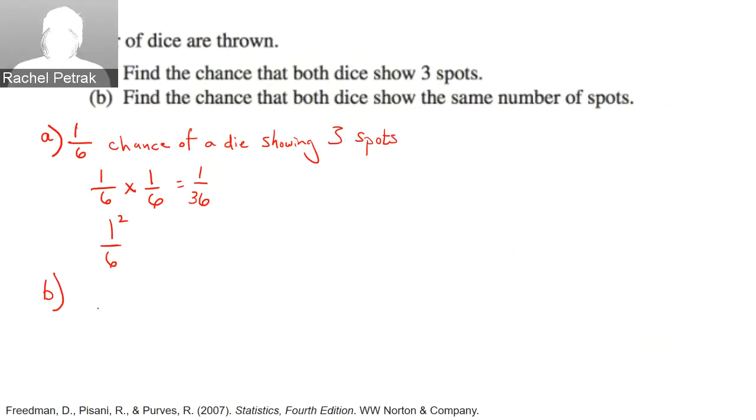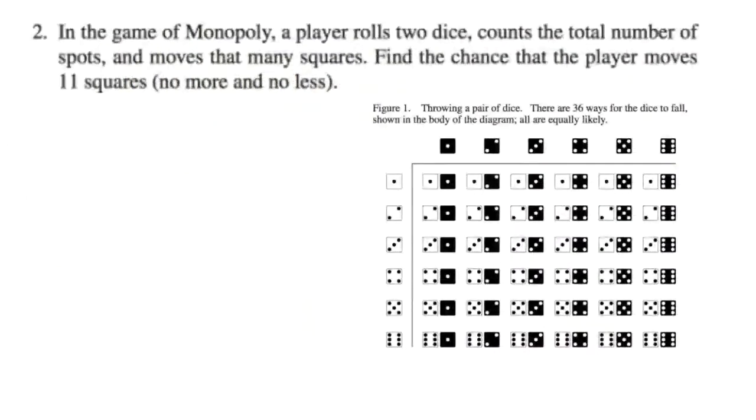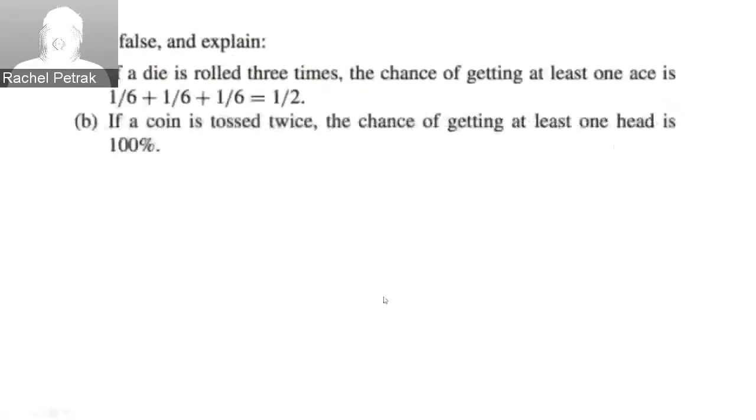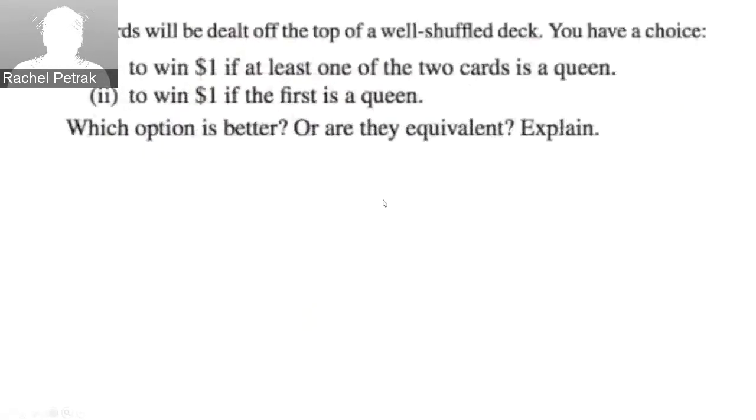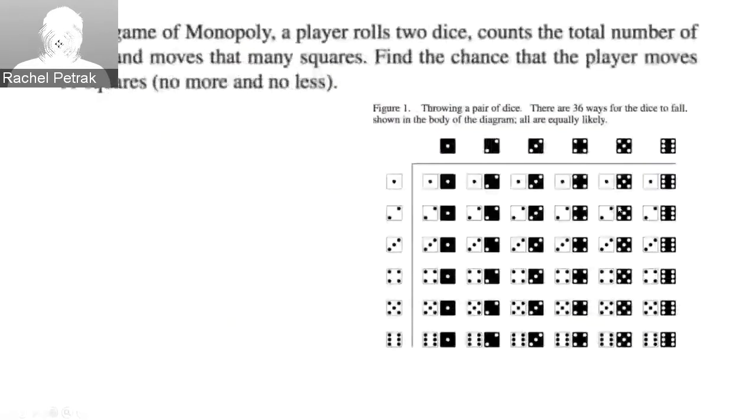oops, there should be, yep. This figure spells it out more nicely than my mapping it out for us. So let's just look at this and go back. You can see that there are 36 total ways for the dice to fall, and all these ways for the dice to fall are equally likely.